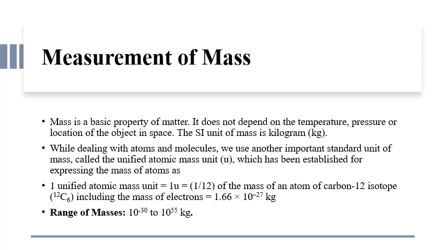While dealing with atoms and molecules, we use another standard unit of mass called the unified atomic mass unit, U. It has been established for expressing the mass of an atom. 1 unified atomic mass unit, 1U, is equal to 1 divided by 12 of the mass of an atom of carbon-12 isotope.